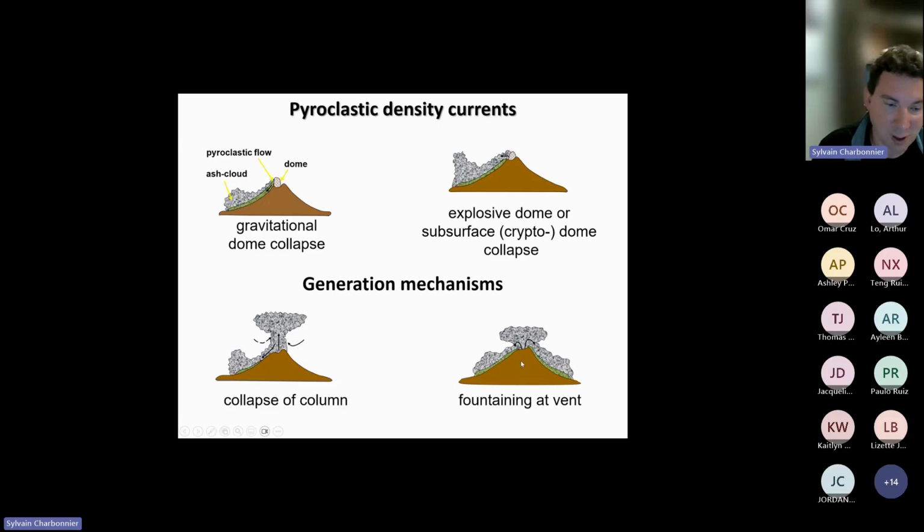That happens at several volcanoes, like in Colima, for example, in 2015. And it's also generating some dense to dilute type of PDC.